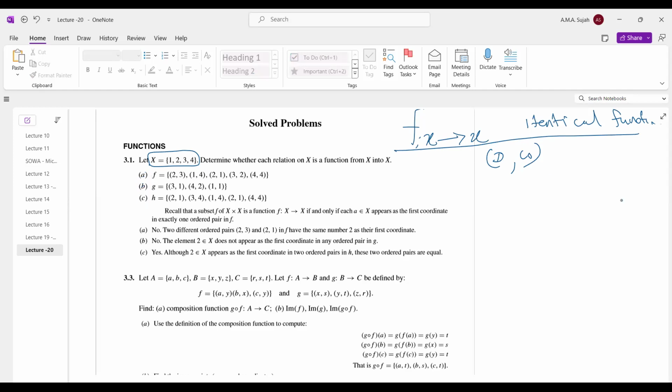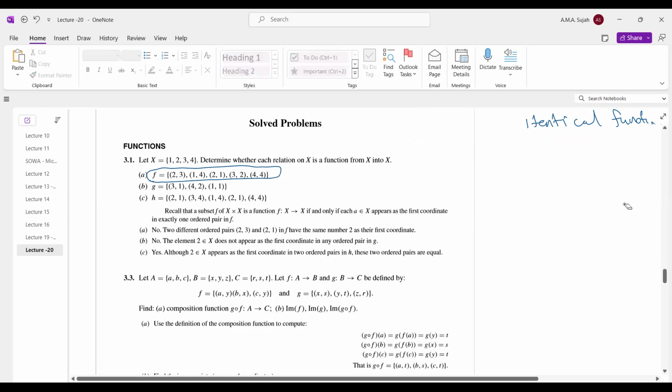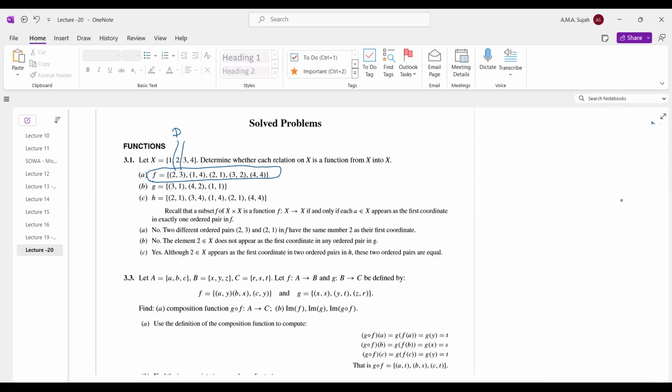If you look at the first relation f, we know from the relation we can draw the graph, right? The first element is the domain, the second element is the codomain. Depending on that, we can draw this function. Also, they are telling X is a set containing 1, 2, 3, 4.